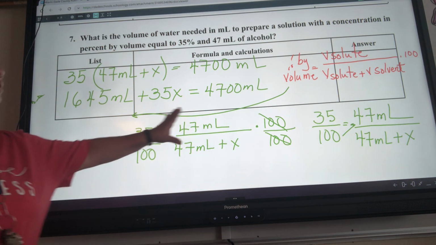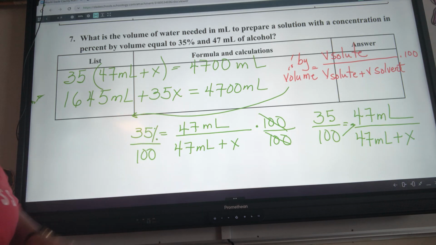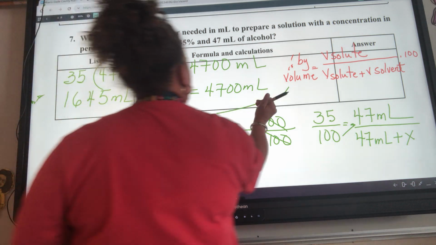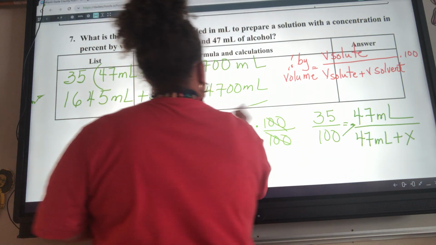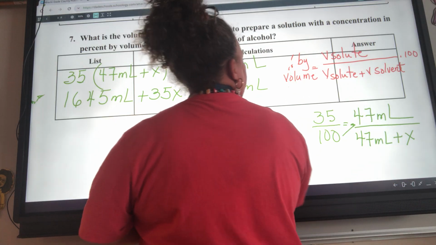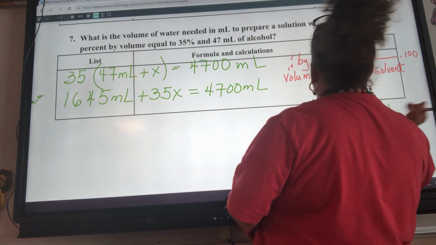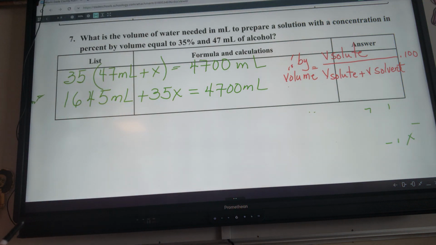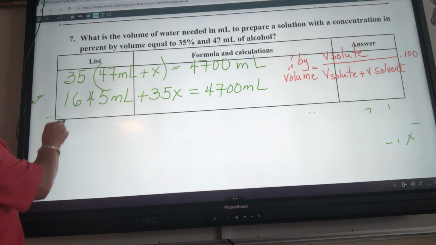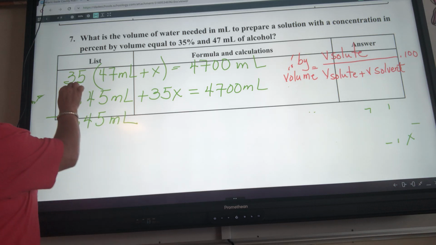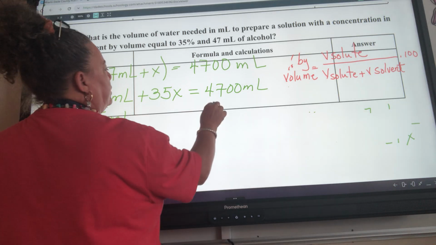Can I erase the bottom part? I'm going to erase the bottom part. The only thing that I'm doing here is solving an equation, a multi-step equation.